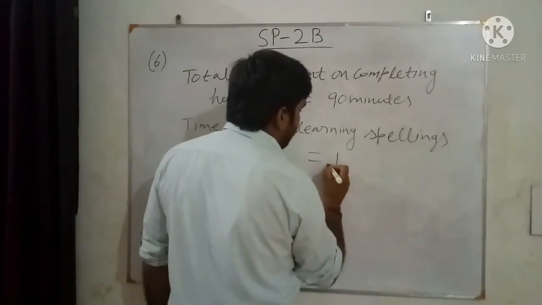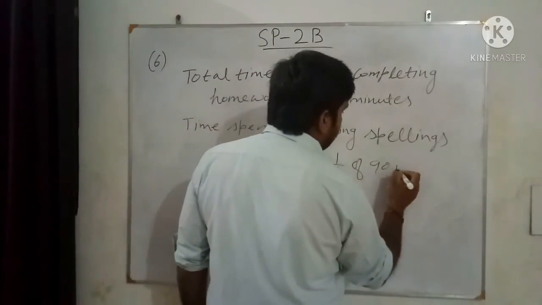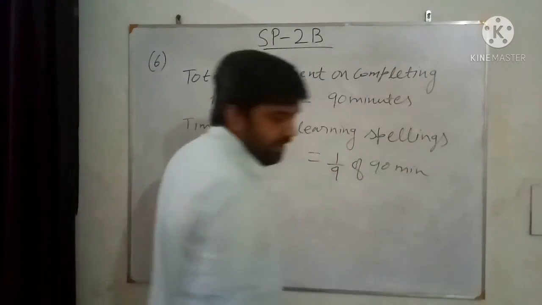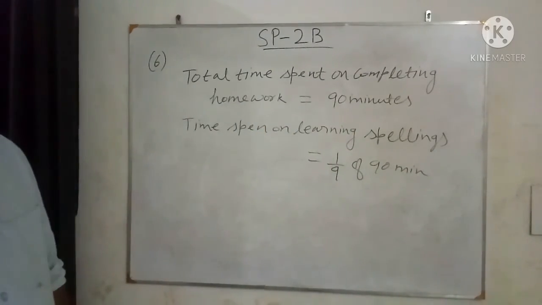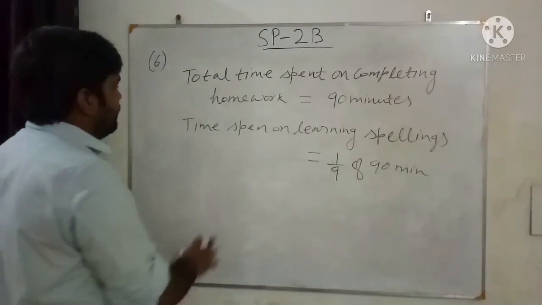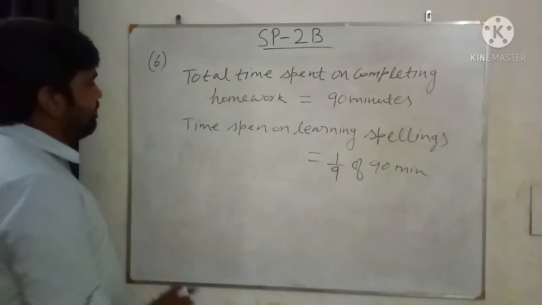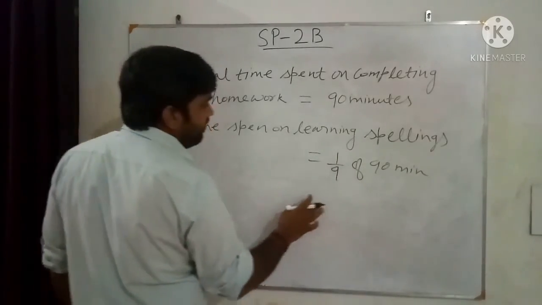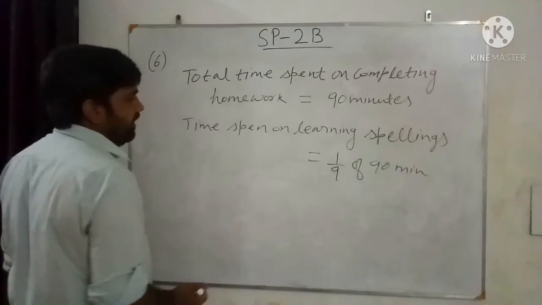How much time? 1 by 9 of total homework, that is 90 minutes. 1 by 9 of 90 minutes. So Nidhi spent on learning spellings how much time? 1 by 9 of 90 minutes. So Nidhi spent 1 by 9 part of the total time on learning the spellings only.